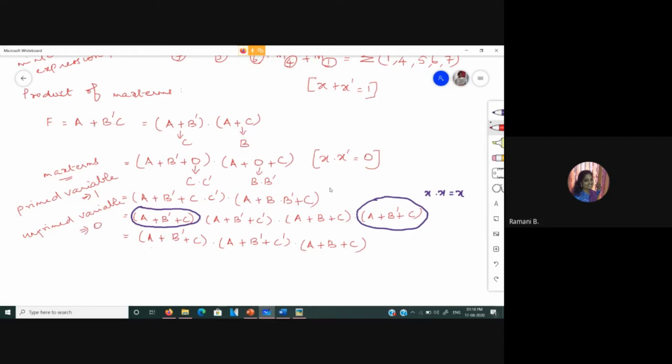So here it is 0, 1, 0, which corresponds to max term 2. This is 0, 1, 1, which corresponds to 3. And this is 0, 0, 0, which corresponds to 0.